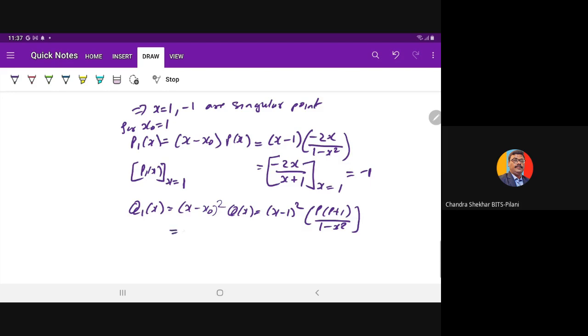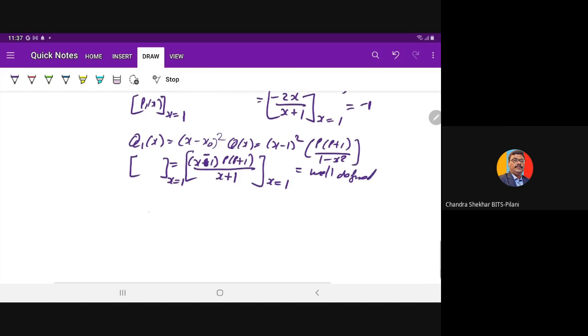This will give you (x - 1) p(p + 1)/(x + 1). If you evaluate it at x = 1, this is well defined. It means x = 1 is a regular singular point.